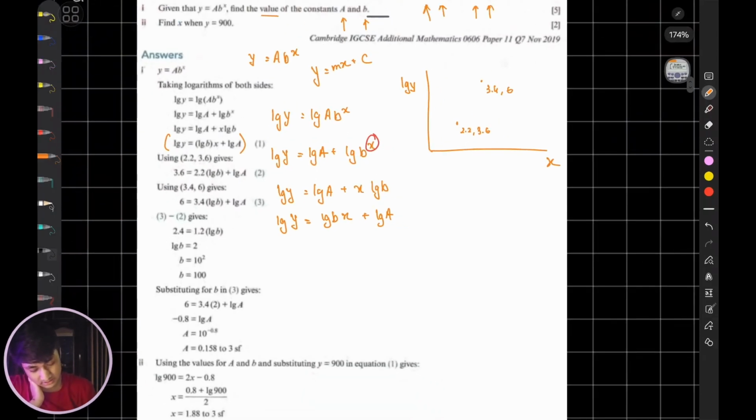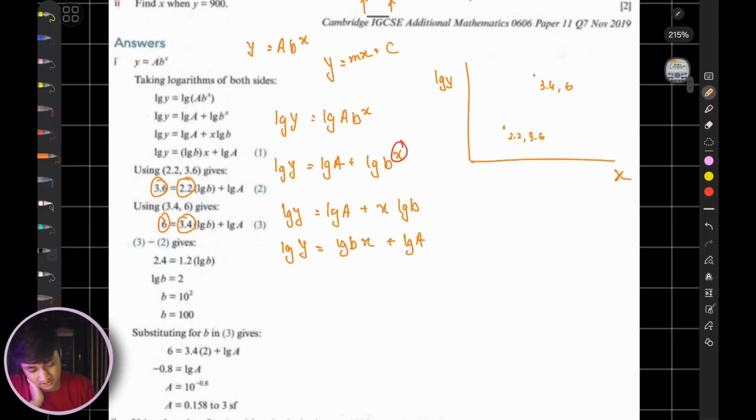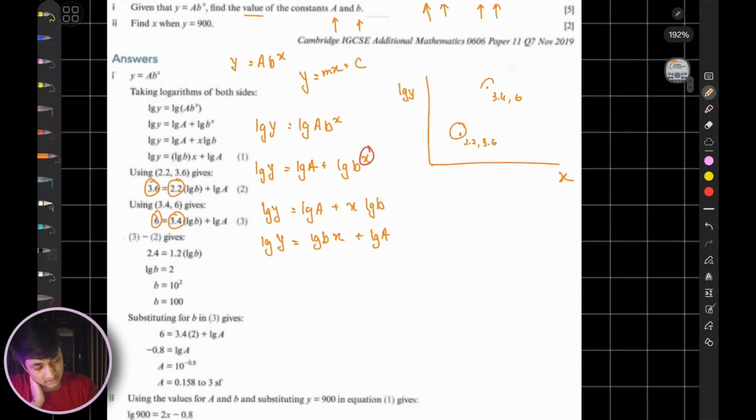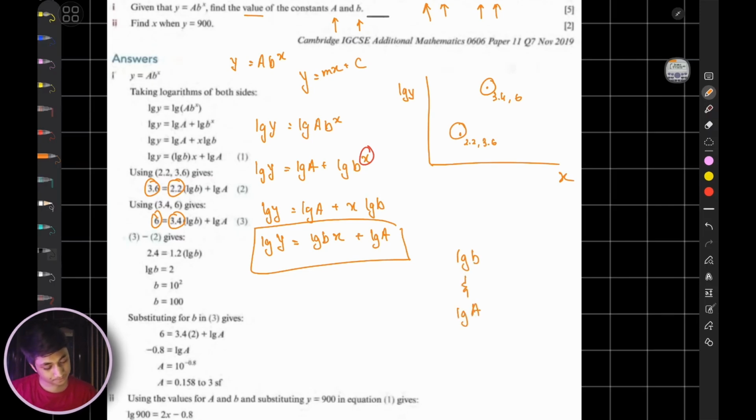Now, mind you, the method that they have taken over here is a bit different. They've plugged the 2 coordinates over here into this equation that we have just derived. Notice, if you follow the circled parts, those are the 2 different coordinates. Why? Because they want to solve the equations simultaneously and find values for log b and log a.